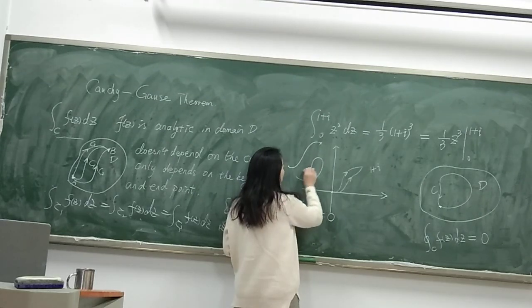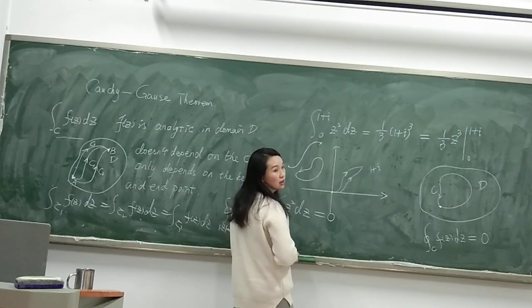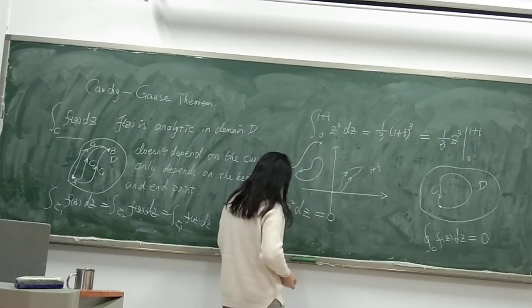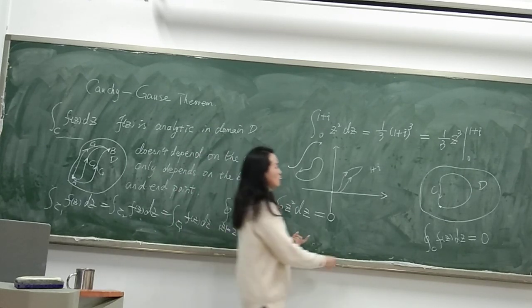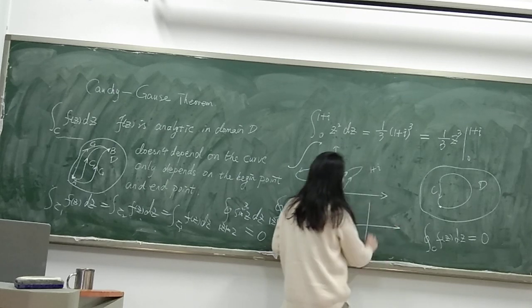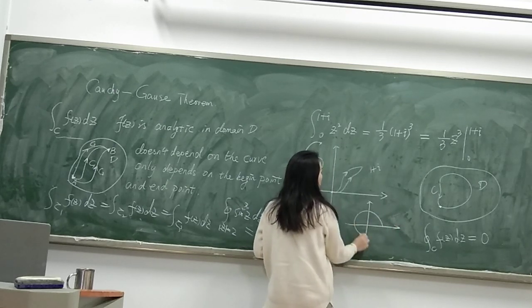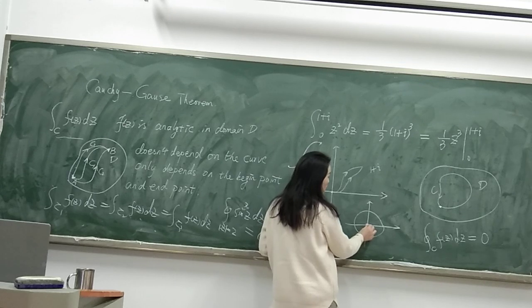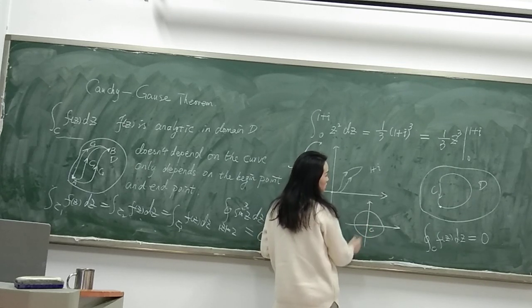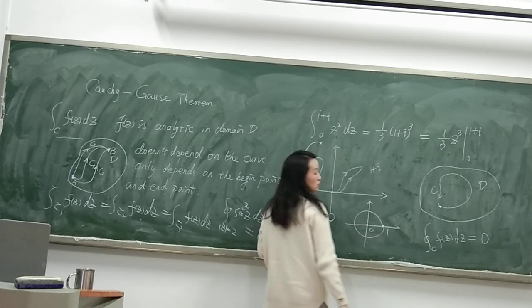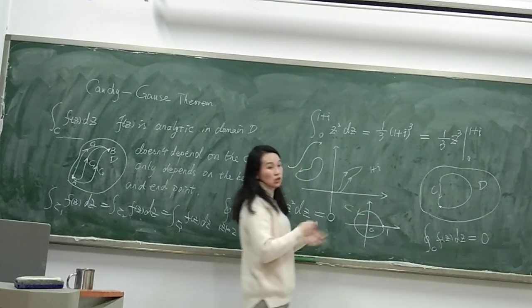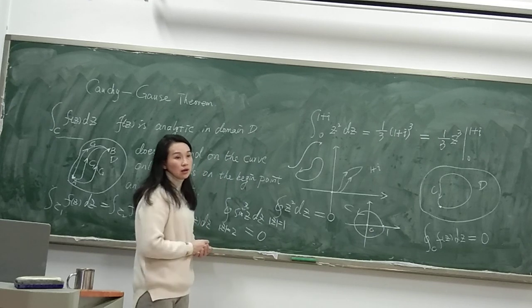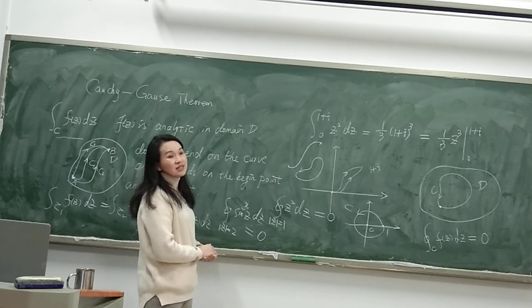But if you give me a curve like this one, this is closed. If the curve is the modulus of z equals 1, this is a circle, the circle center is 0, the circle radius is 1. So this C is closed. Understand? Yes.